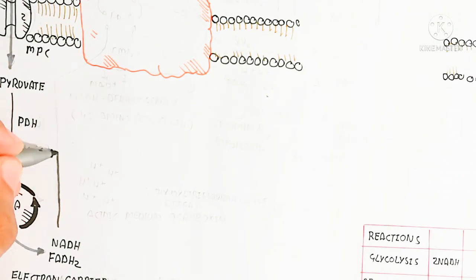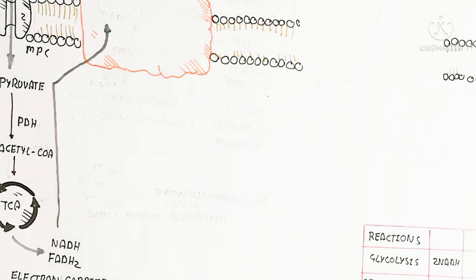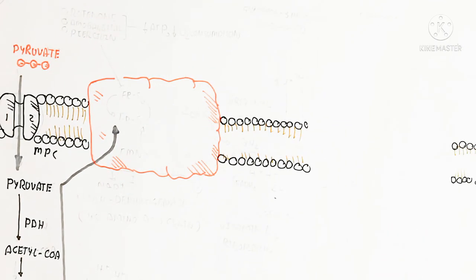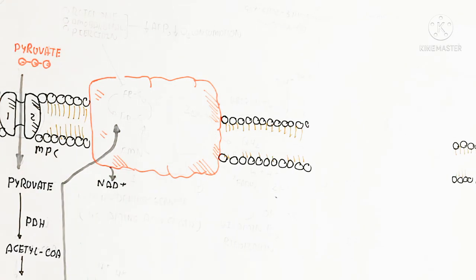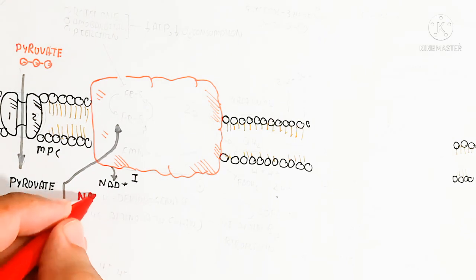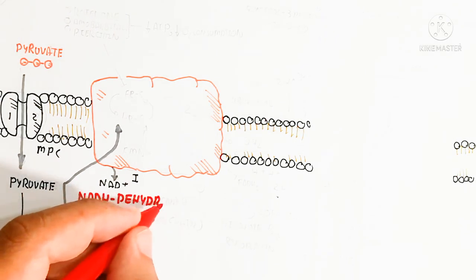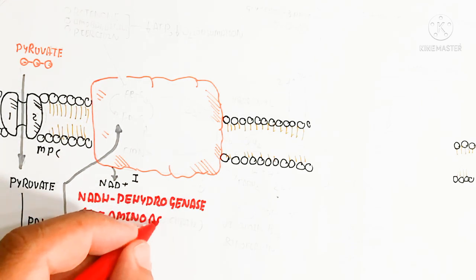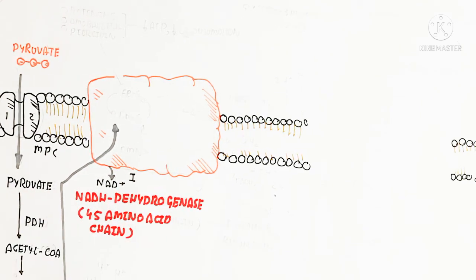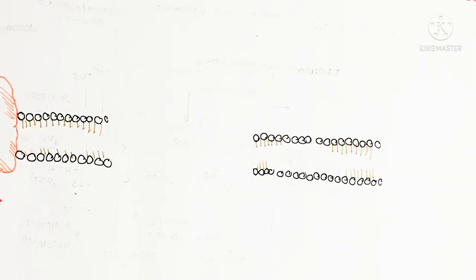This chain contains iron sulfur protein. This iron sulfur protein and FMN protein give the electron to complex 1, binding with the iron sulfur protein. It means NADH will be oxidized to produce NAD plus.